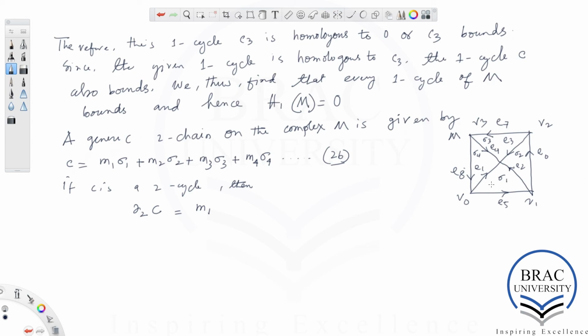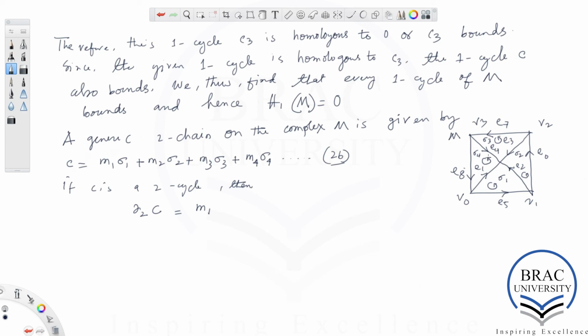Sigma 1 is this with the counterclockwise orientation, so is sigma 2 and sigma 3 as well, oriented counterclockwise. All the 2 simplices are oriented counterclockwise.